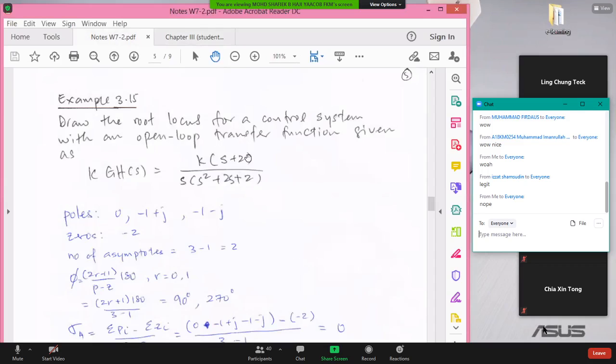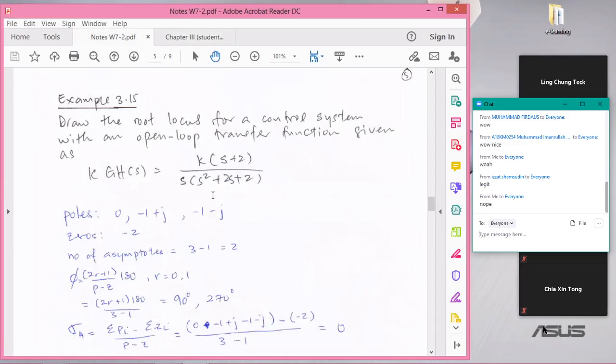So we are given this open loop transfer function. Draw the locus diagram for the control system with an open loop transfer function. Most of the time in your exam, you will not be given this open loop transfer function. You will be given the block diagram of a closed loop system. So it is our job to extract this open loop transfer function from the closed loop block diagram.